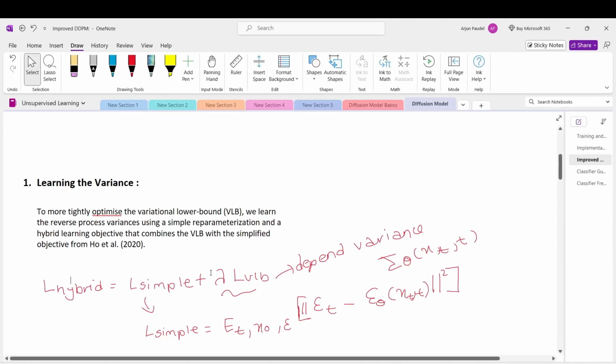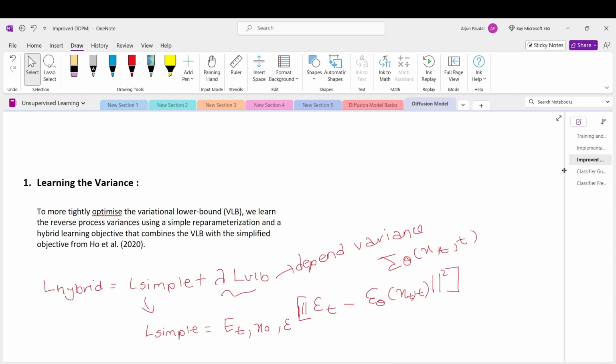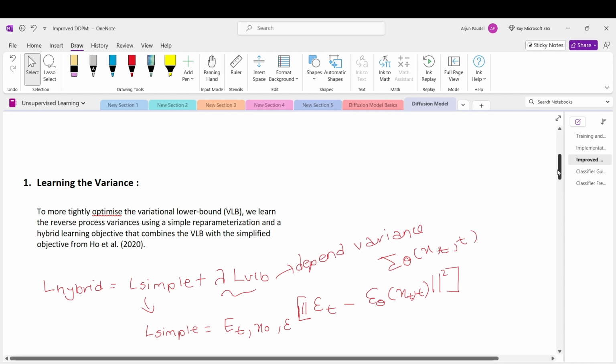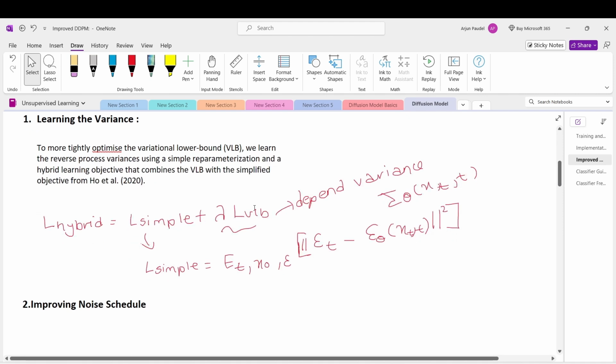From this L_VLB, we're going to learn the variances and this parameter. And this is our L simple, as I've shown you here. They are going to use this objective, which combines this L_VLB term, and which will help us determine the variances.